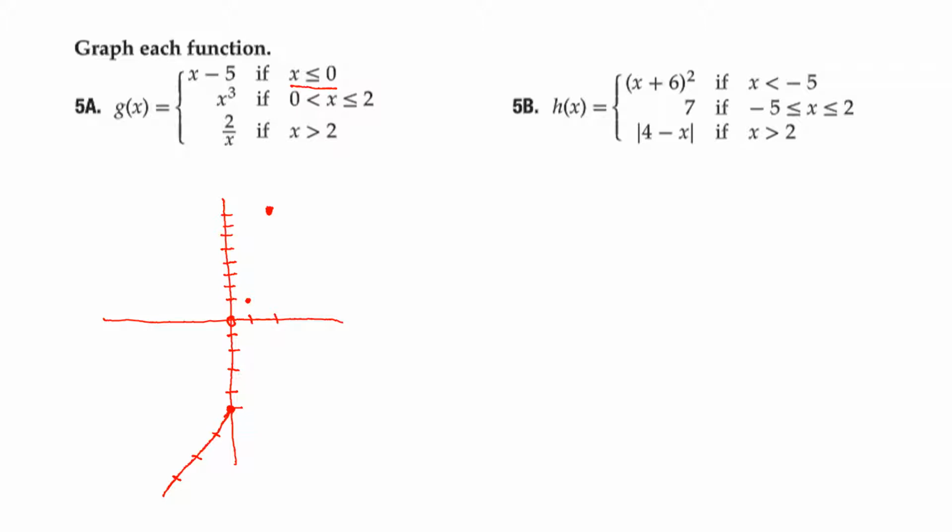So now I just need to connect my graph. Okay? And then it's 2 over x if x is greater than 2. So that is this curve. If you guys can think about it this way, it goes like this. So then we make a circle here at 2 and we simply trace it down this way. That's how you do a piecewise function.